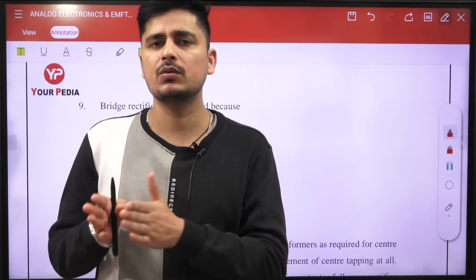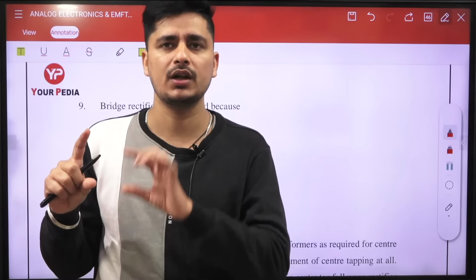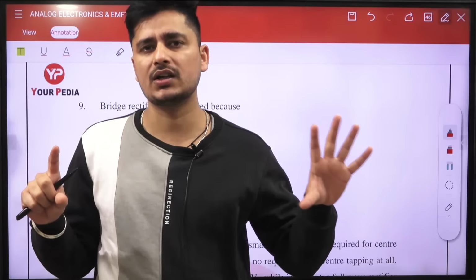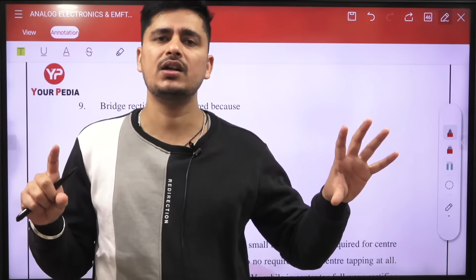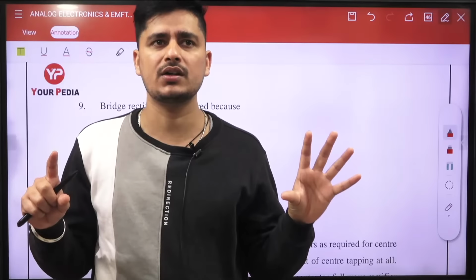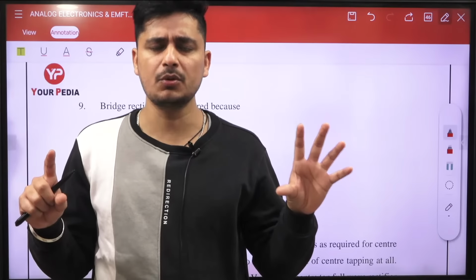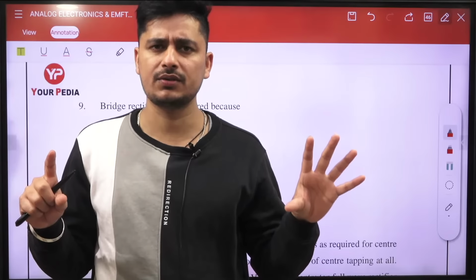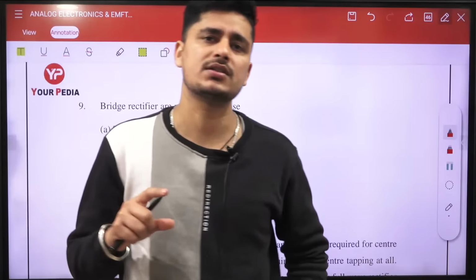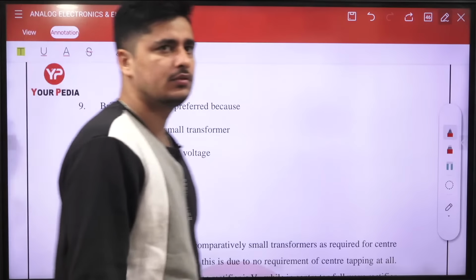That's why it requires only a single, very small transformer. After that we have the bridge rectifier circuit, and the most important advantage of this bridge rectifier is that its peak inverse voltage is less as compared to center tap. The answer will be C here.